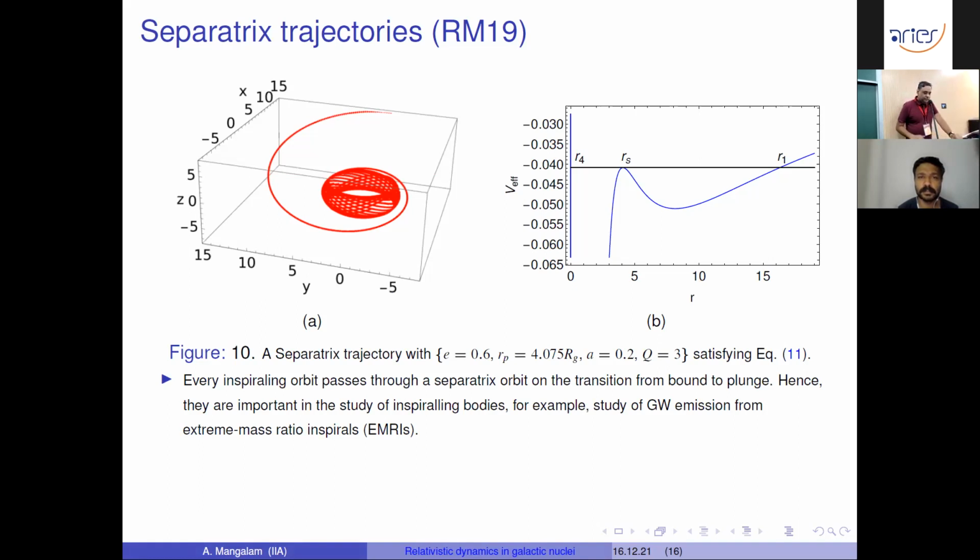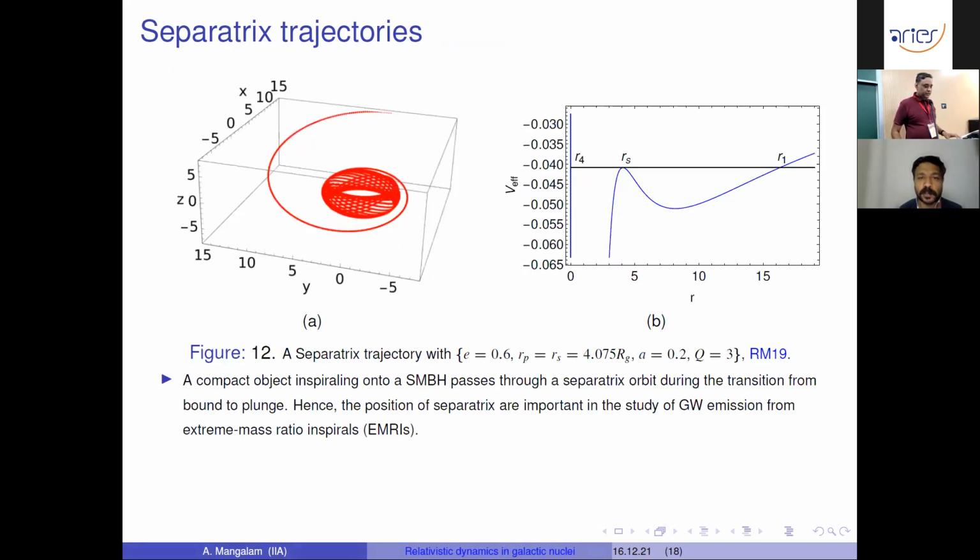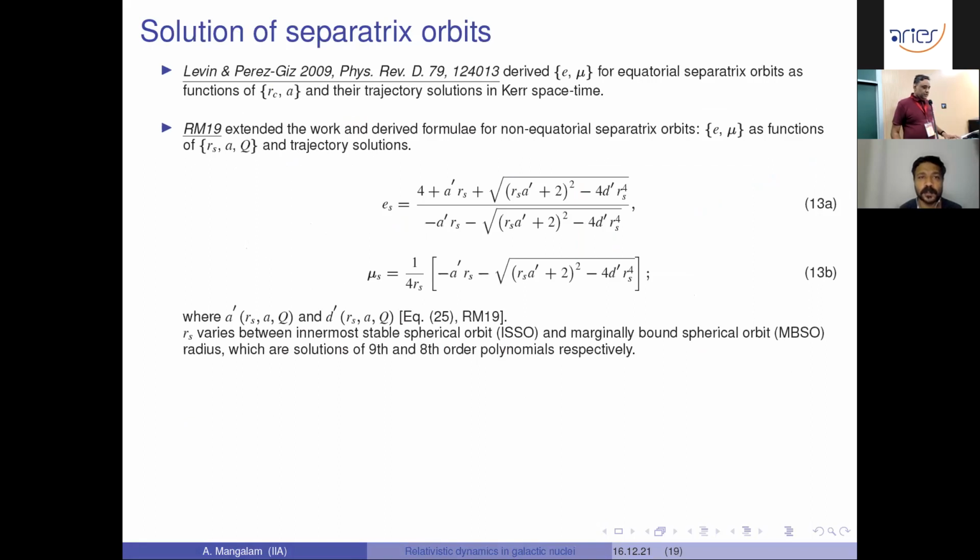And this is an important trajectory because in the study of spiraling bodies, the gravitational wave emitter has to go through this particular phase. So locating the separatrix point is important. Hence the solution for this, which we found using these coordinate systems, is quite useful. It was previously done in 2 dimensions. Now it has been done for 3 dimensions.